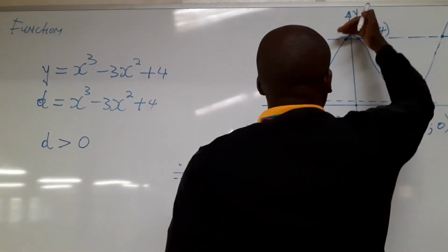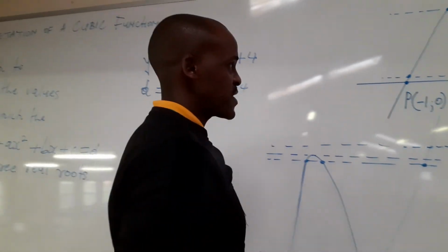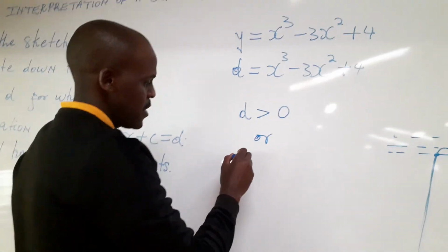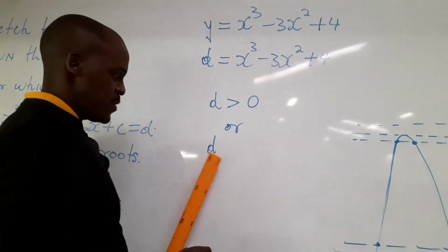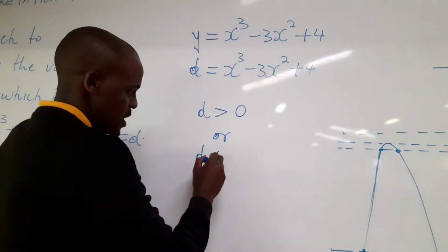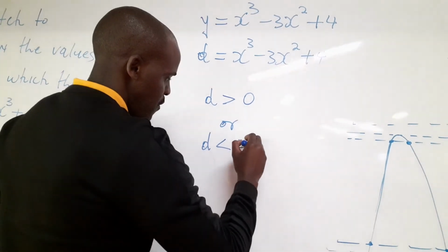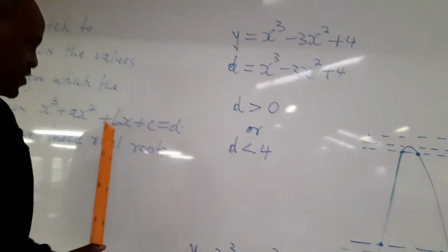Or you go down from point Q to have 3 roots, or where our y, which is represented by d, is below, it's less than 4. That's how to answer this question.